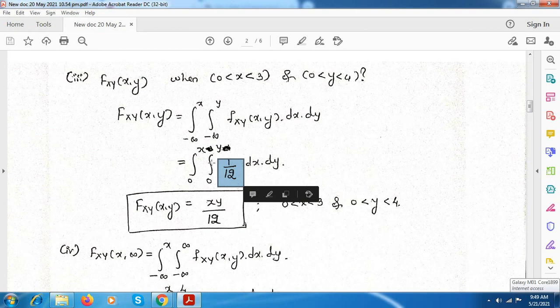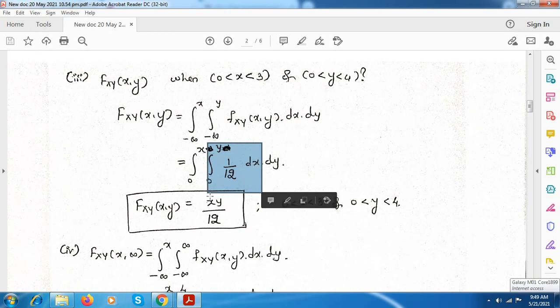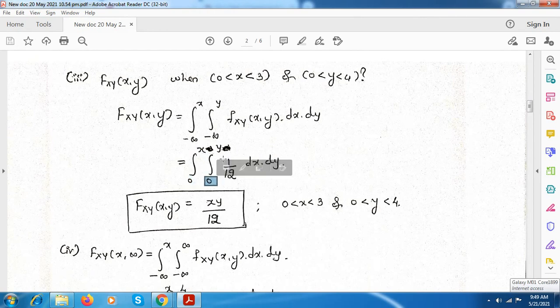So if you integrate this, here it is one integration with respect to x and one integration with respect to y. So you get here x and y. After putting the limit also, you get the same. The lower limit will be 0, so it will not be there. So here it will be x into y divided by 12.